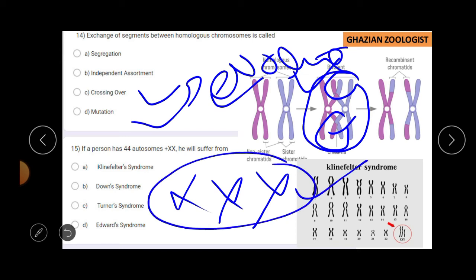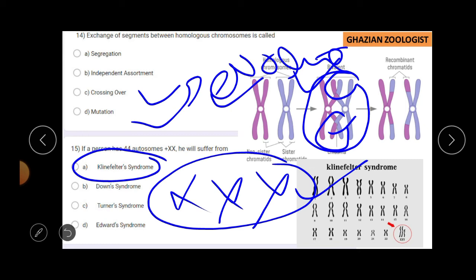Then this condition is known as Klinefelter syndrome.